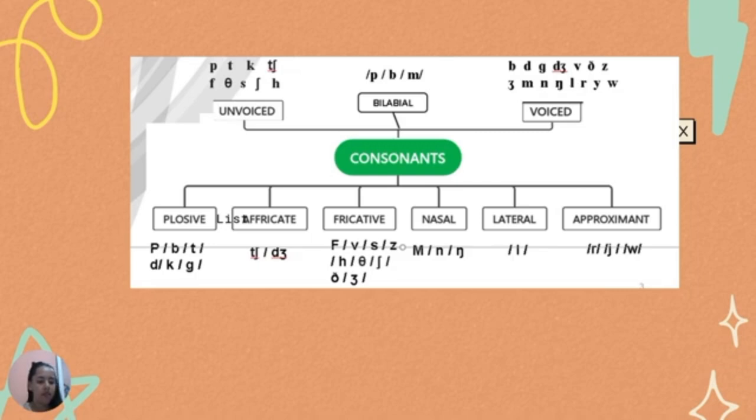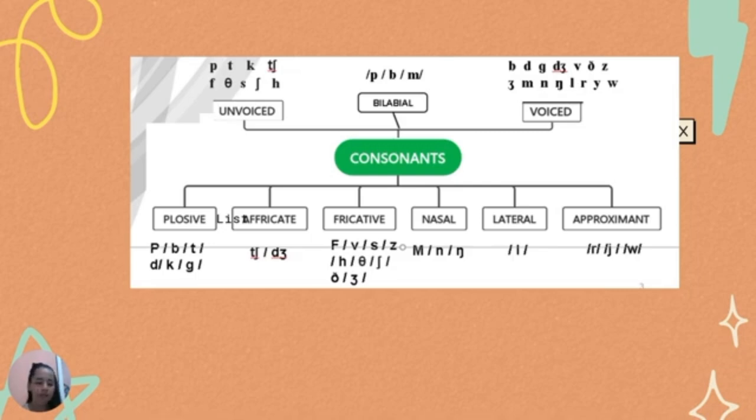Lateral. It is produced when air comes out through the sides of the tongue instead of down the center. Example, love. Number six, approximant. It is produced when the articulators, the tongue or lips, approach each other but don't completely block the airflow.